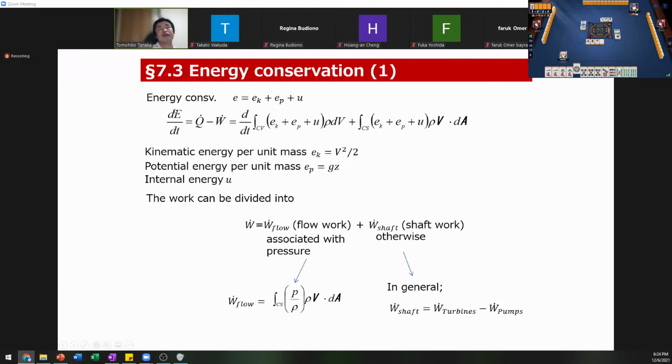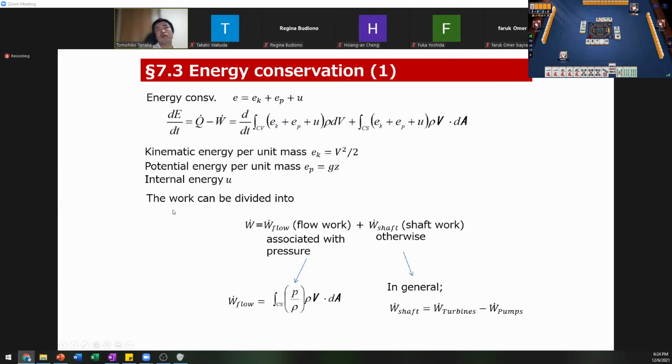More specifically, energy consists of EK, which is kinetic energy per unit mass. EK equals V squared over 2, and potential energy per unit mass, which is EP, defined as gz, and also internal energy u, okay?